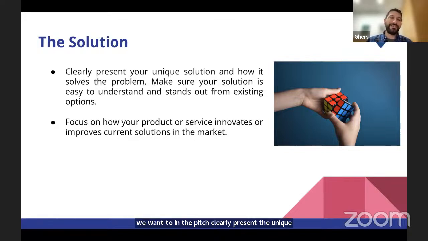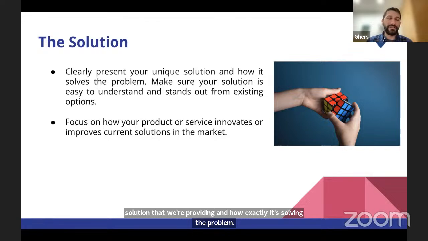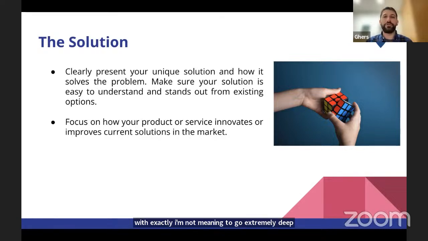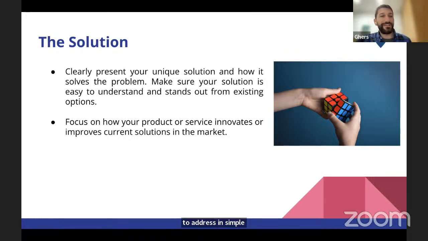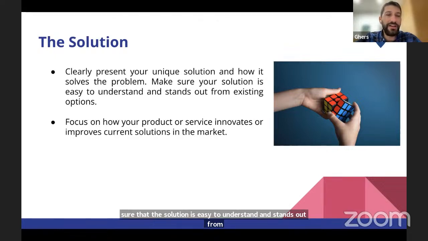I don't mean to go extremely deep because in many cases you won't have much time to give these speeches, but to address in simple words, in few words, how you're solving it, though it also depends on your audience. Make sure that the solution is easy to understand and stands out from existing options. That is, it is unique.